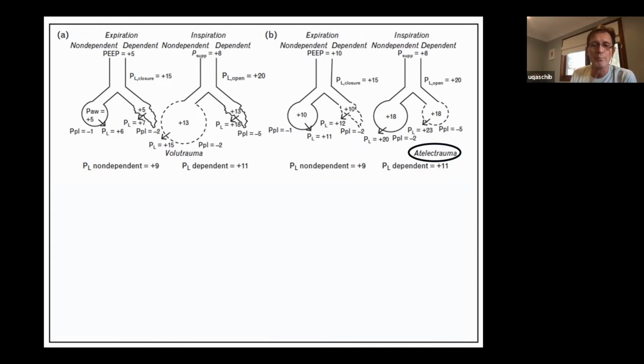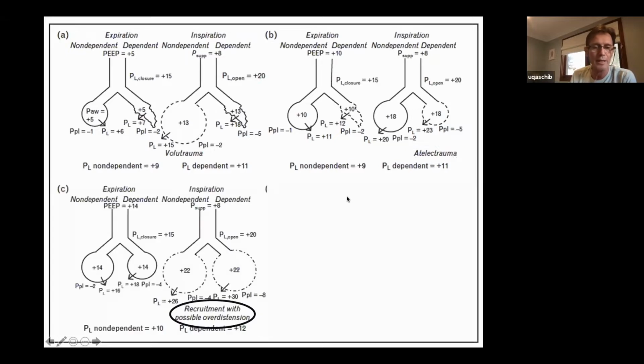We have opened up this lung, and we get a better ventilation occurring there. Whereas the so-called healthy compartment experiences as well an increase from 10 to 18, but it's not as huge an overdistension as has occurred in the first scenario.